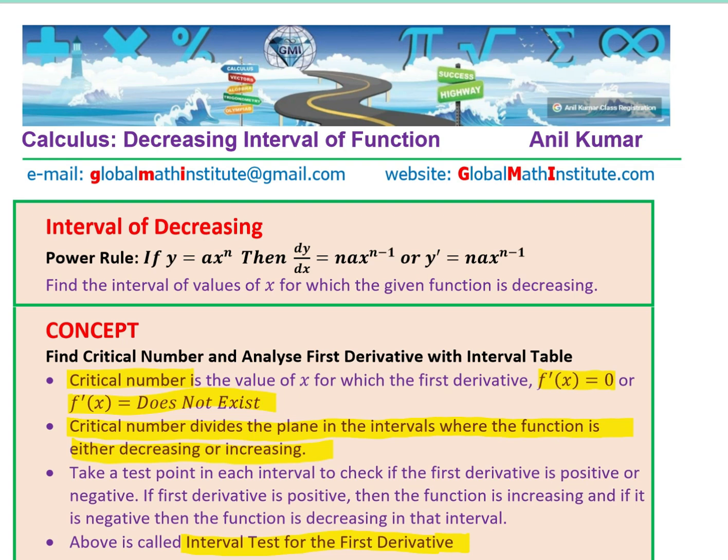Once you find the critical numbers, identify the intervals, take test points, and then check whether the derivative is positive or negative. If the derivative is greater than 0, then the function is increasing. On the other hand, if the derivative is less than 0, then the function is decreasing. You get the idea. So that helps to solve all these problems.